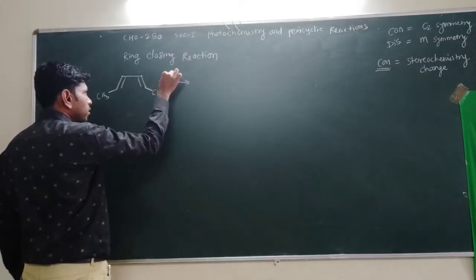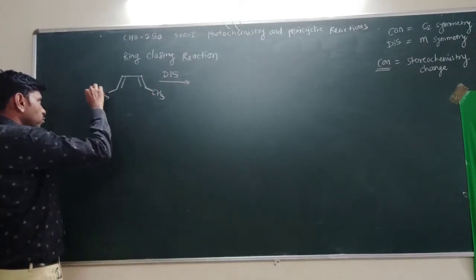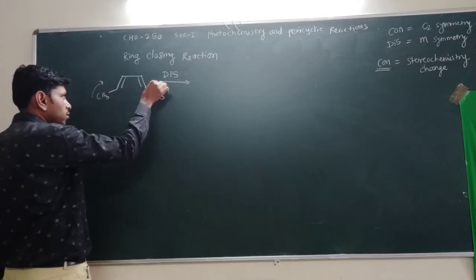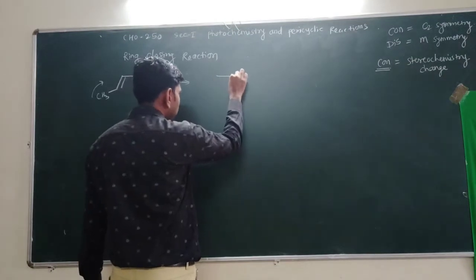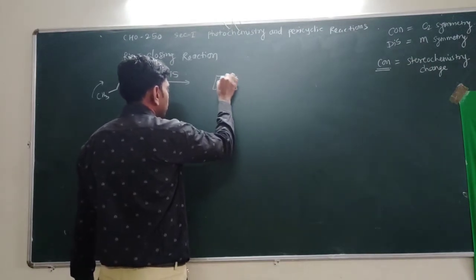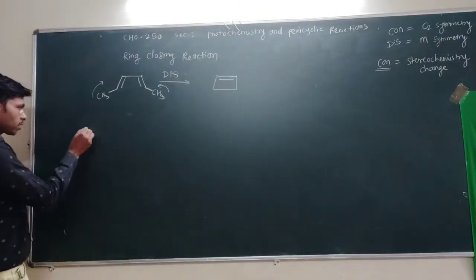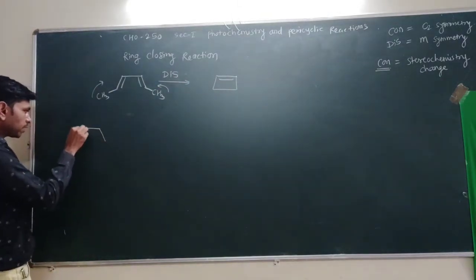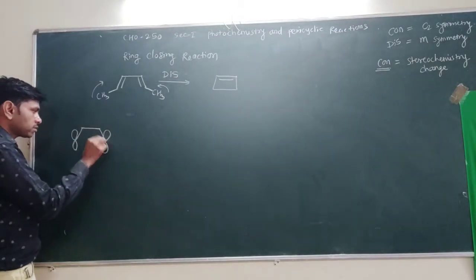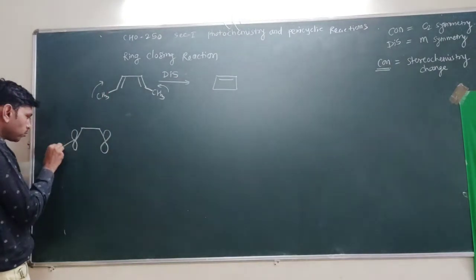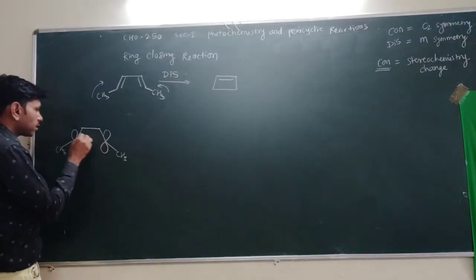In disrotatory motion, one group rotates clockwise and the other anti-clockwise. Then see the stereochemistry of the product. For this purpose, we are again drawing the p orbitals, and one CH3 group is in the outward direction, another CH3 is also in the outward direction.